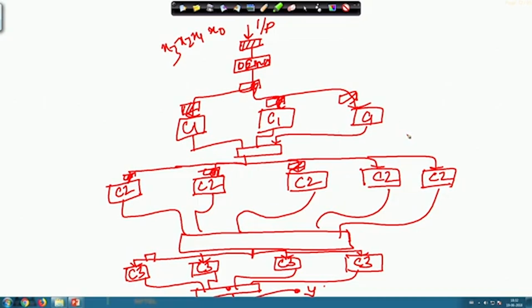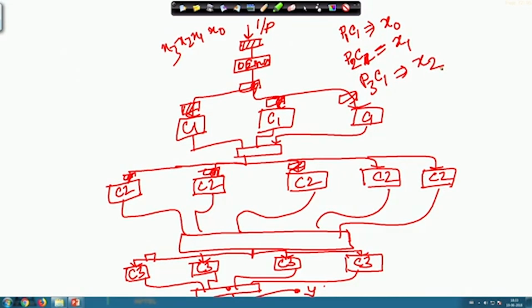If I consider the processing table for the whole of this system, at that time for C1, suppose this is P1 C1, it will be connected with x0, then P2 C1 will be connected with x1, this is P3 C1, it will be connected with x2.